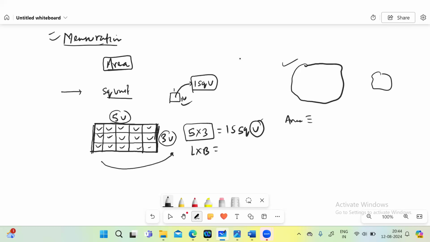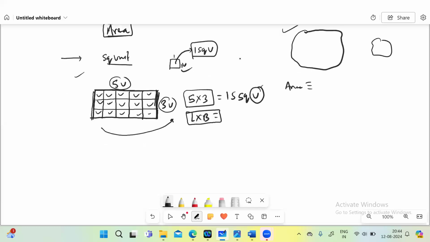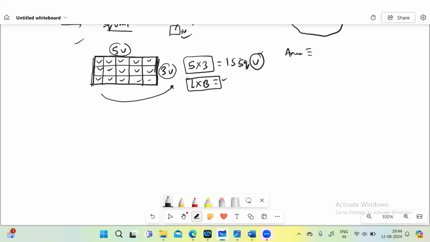So this is how we found the formula of area for a rectangle. With this formula, we will derive the other formulas for area. Let's say I have a square, and the square has 4 unit length and 4 unit width.